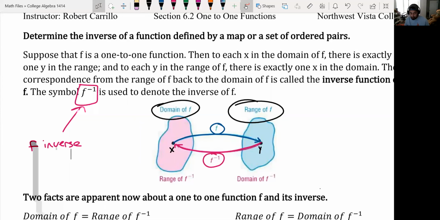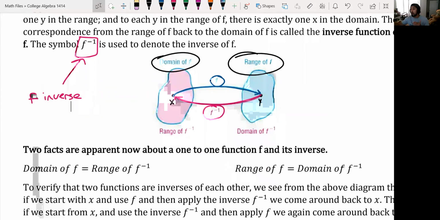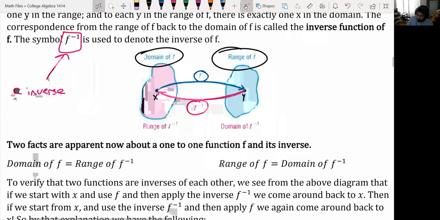And with that being said, if we got from x to y using f, then to get from y back to x, we use f inverse, or the inverse of f. Now, two facts are apparent, that once you apply the inverse, look at our blobs, y now becomes the domain of the inverse.